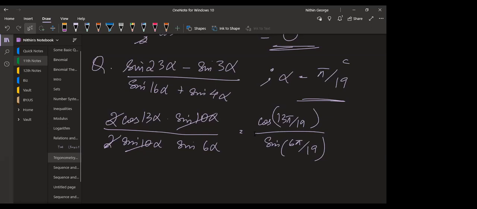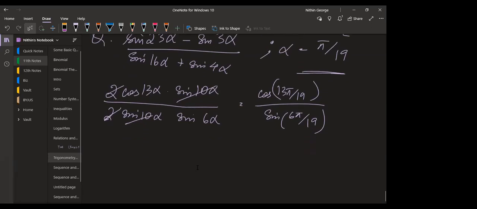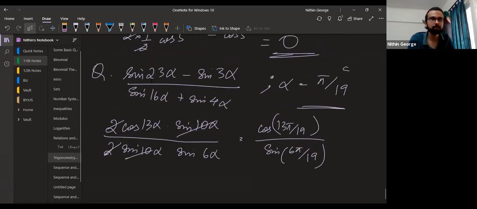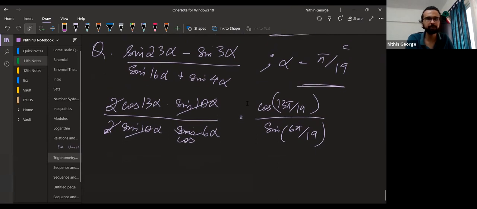Yes, sir. So it's 2 sin 10 alpha cos 6 alpha. 2 sin 10 alpha in the denominator. Oh, yeah. Yes, absolutely. It's cos. Okay, thank you. Right. Very careless mistake there. So, yeah, this will become cos 6 pi by 19.